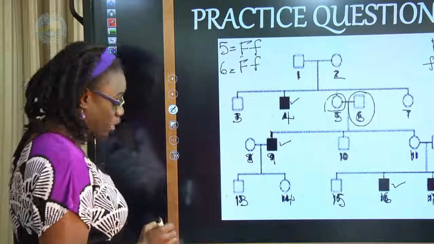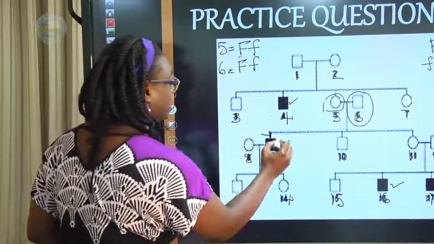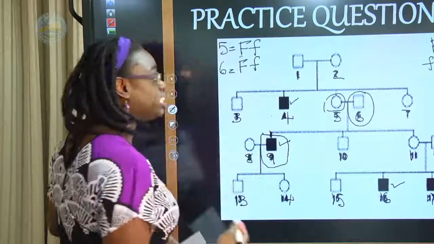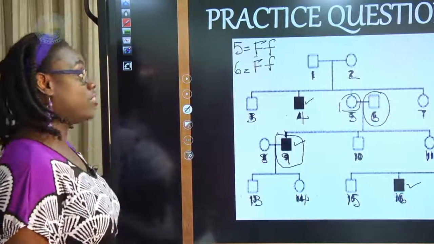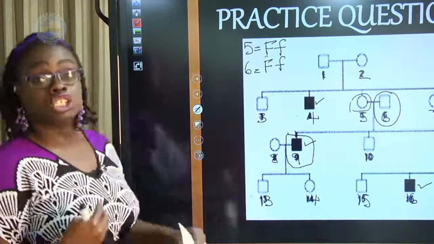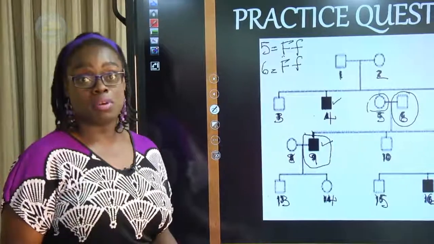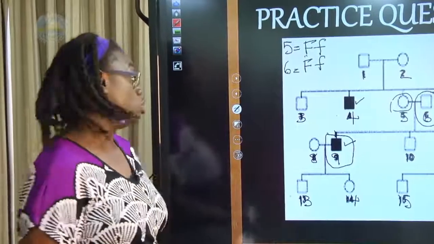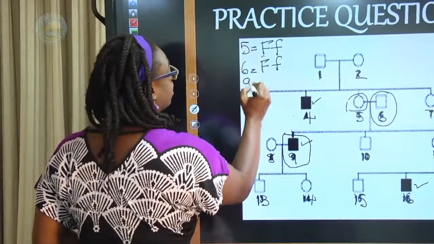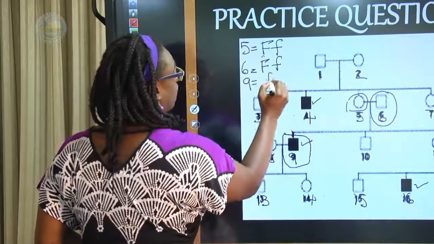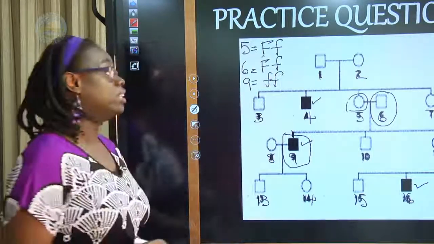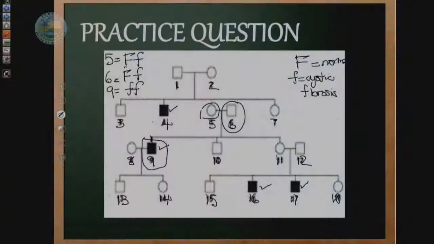Let us look at individual 9. Individual 9 is easy. Individual 9 has the disease, so it means that individual 9 does not have any dominant alleles in their genotype. So individual 9's genotype is lowercase f, lowercase f. That person has cystic fibrosis.